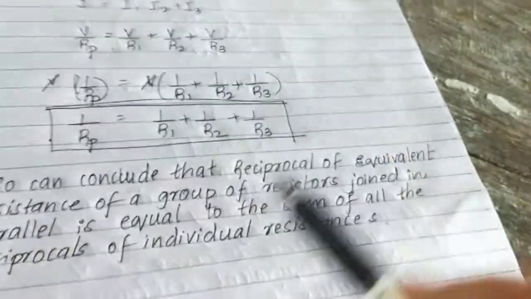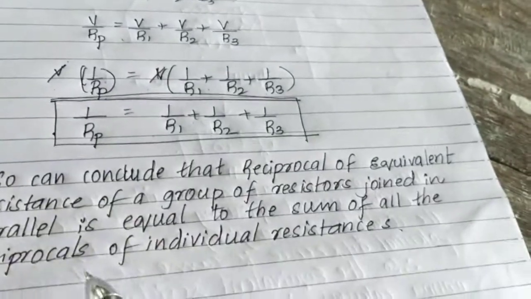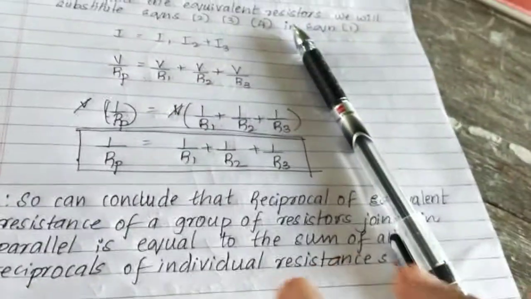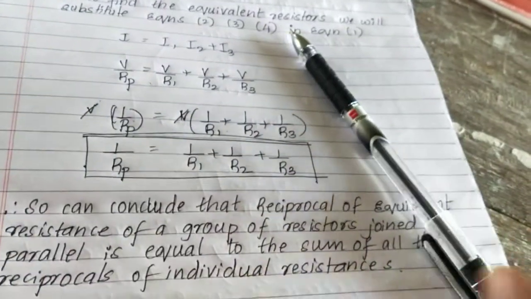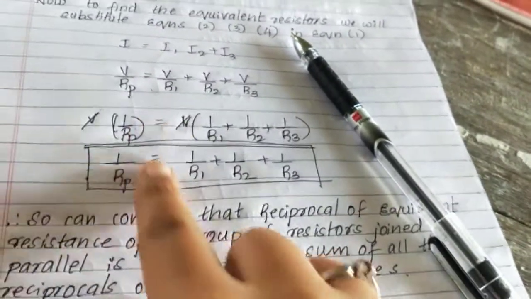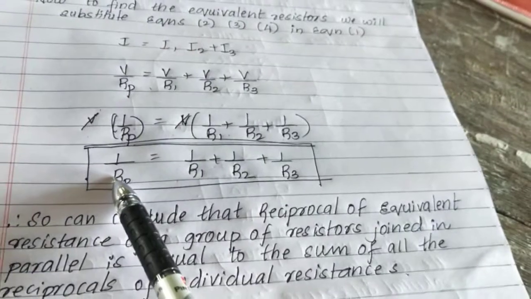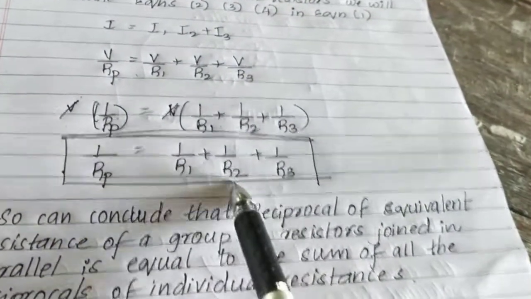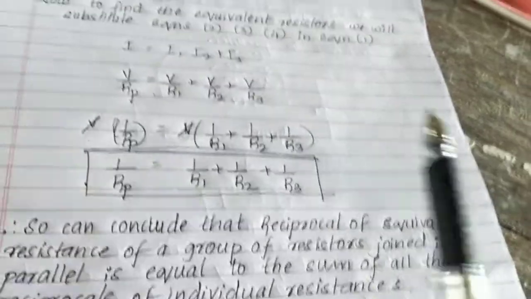This is the equivalent resistor, and R1, R2 and R3 are the individual resistors.